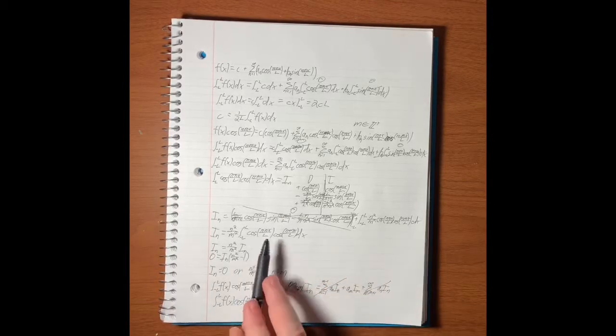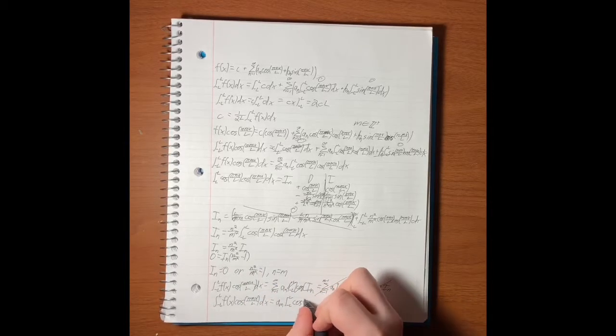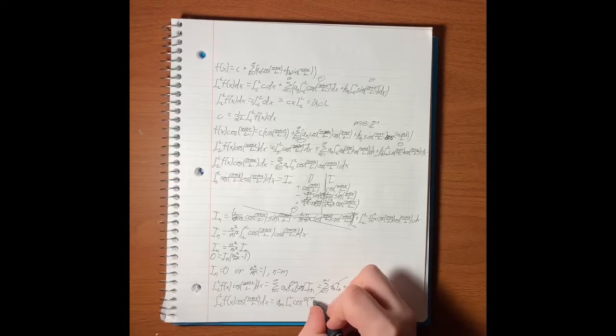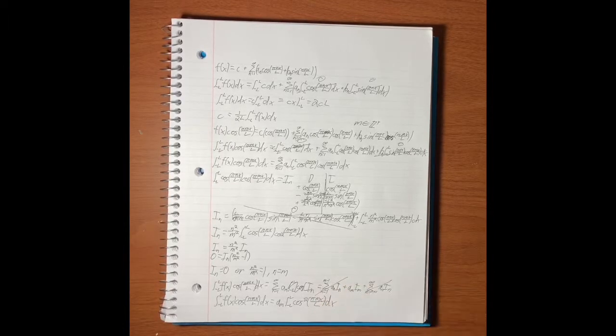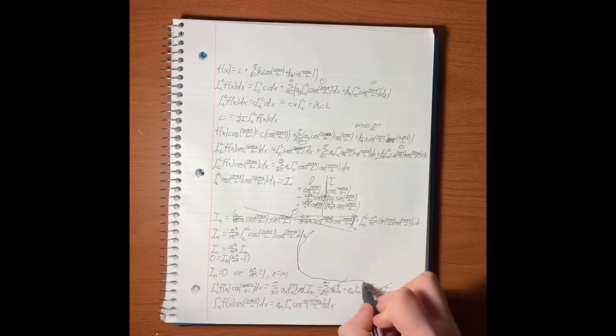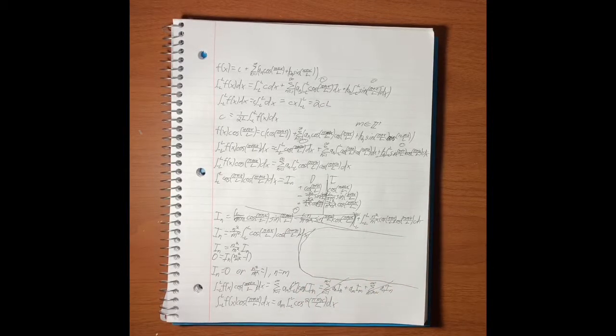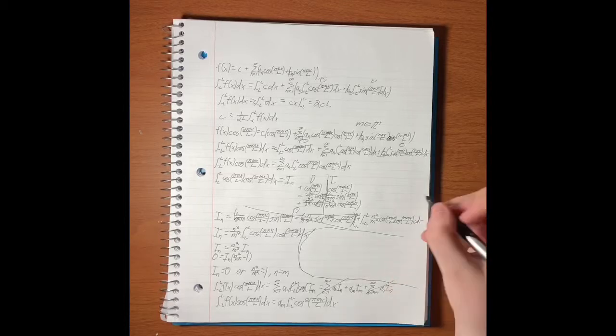the integral from negative L to L of, we plug in m for n, so we're going to get cosine squared of pi mx over L dx. I'm running out of space a little bit, so I'm just going to have this little space to evaluate this integral, and then I'll use the next page for the rest.